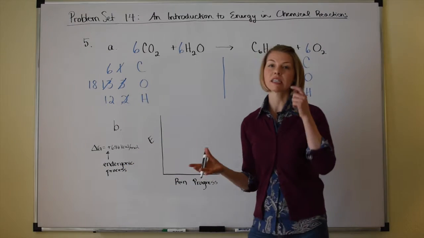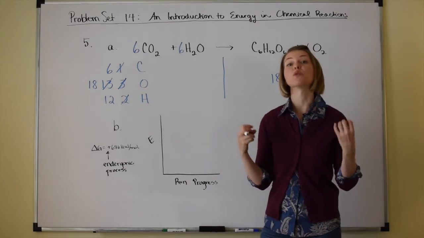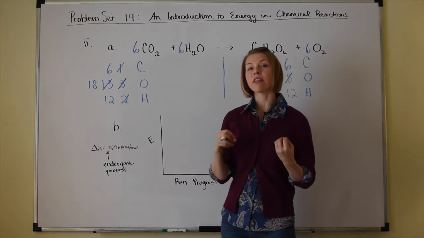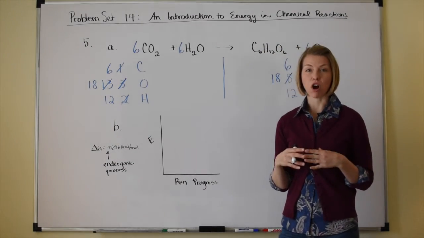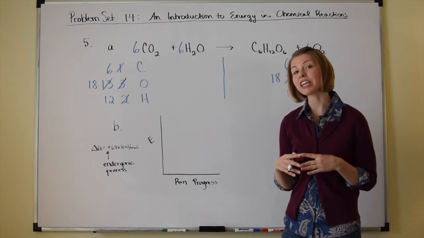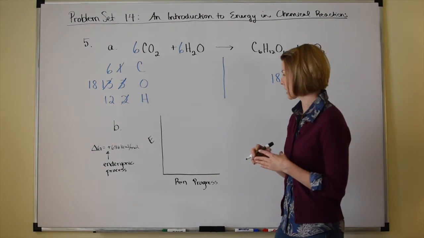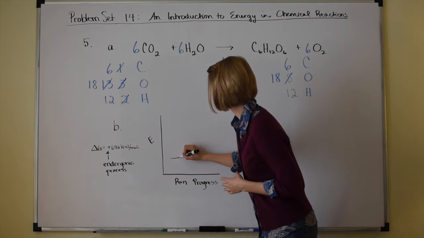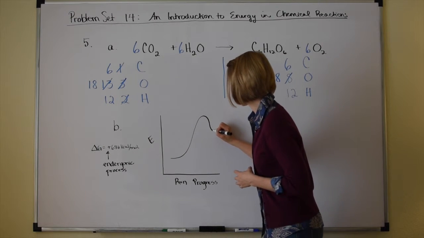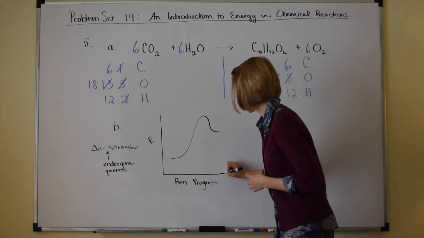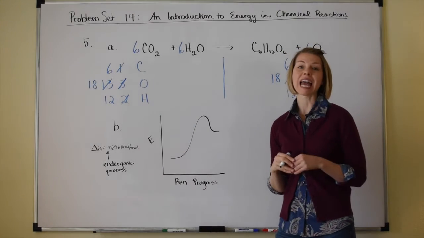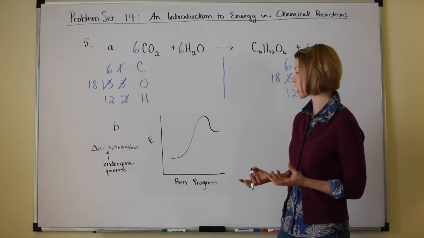In order to proceed, this reaction must absorb energy. That means that the energy of our products is going to be higher than the energy of our reactants. So let's draw the proper shape for an endergonic reaction.